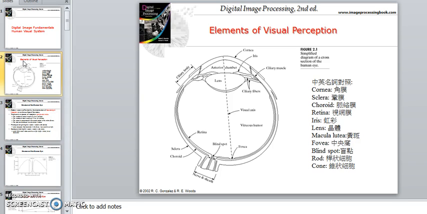In the retina, the light rays are detected and converted to electrical signals by photoreceptors. The eye has two types of photoreceptors, rods and cones, named after their approximate shape.